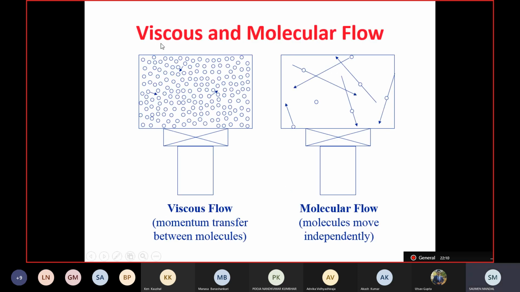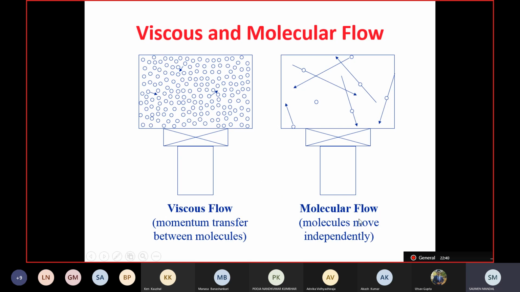Now there are two things: one is called viscous flow and another is molecular flow. At 1 atmosphere and room temperature, in a closed chamber, there are so many gas molecules, and they transfer momentum between molecules during collisions. When there is a collision, momentum transfer takes place, and this is called viscous flow.